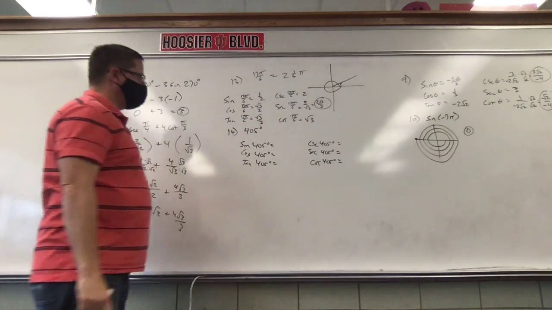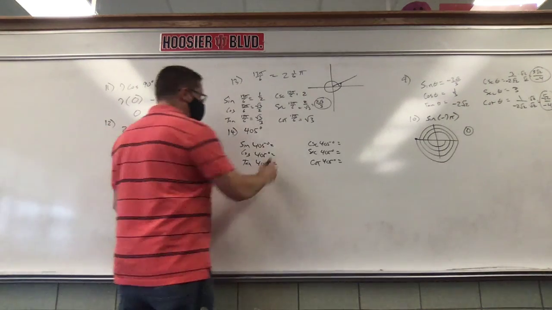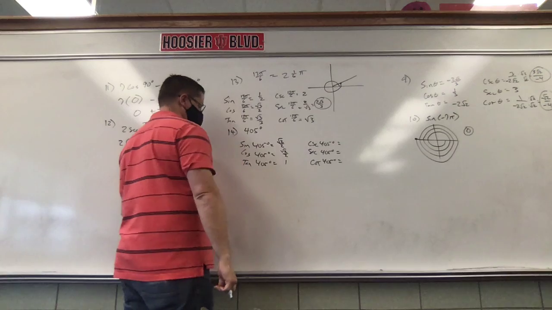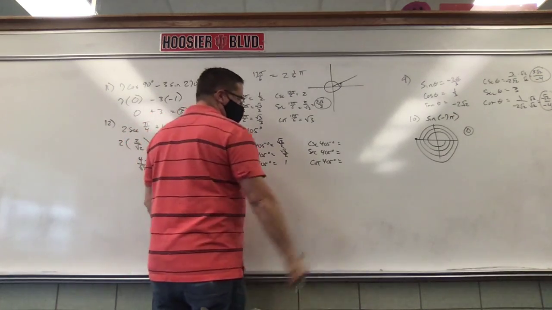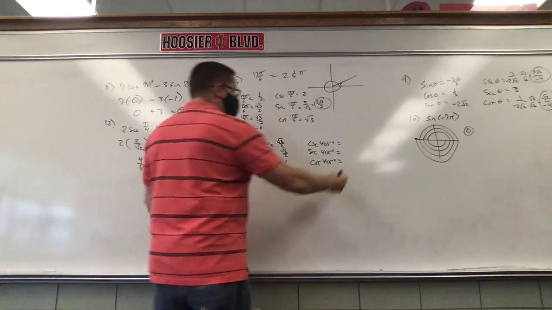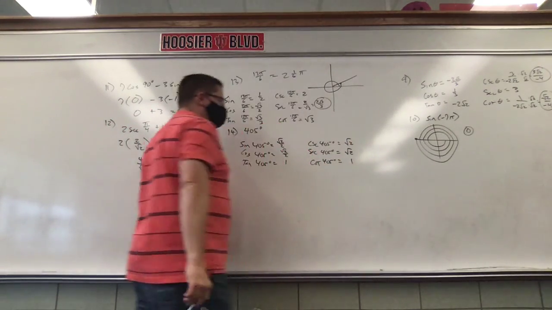Okay, so we're going to look at 45 degrees. The sine is radical 2 over 2. So is the cosine, and the tangent is 1. Cotangent, what happens when you flip 1? It's still 1. Reciprocal of radical 2 over 2 is radical 2. Both radical 2's.